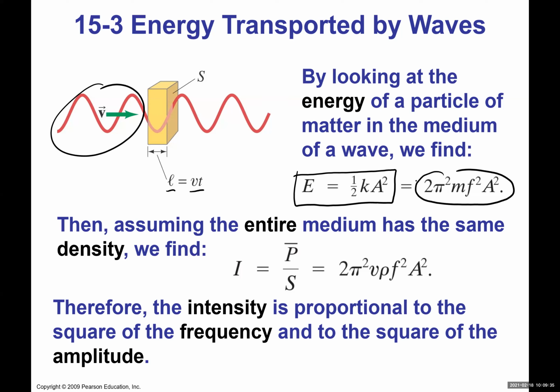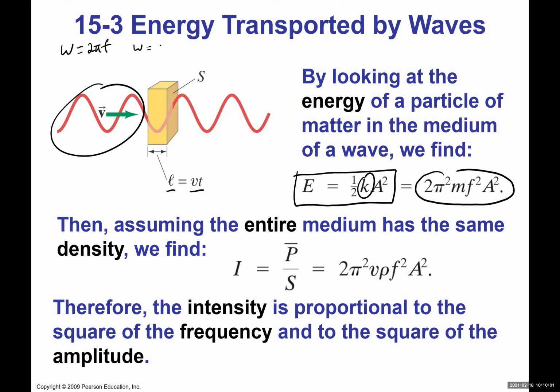Now, where does this equation come from? Basically, we're replacing K with other information. One thing we know about K is that there's an equation that relates K and frequency. Remember, omega equals 2 pi times linear frequency.